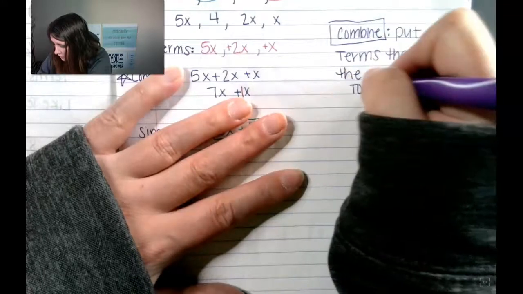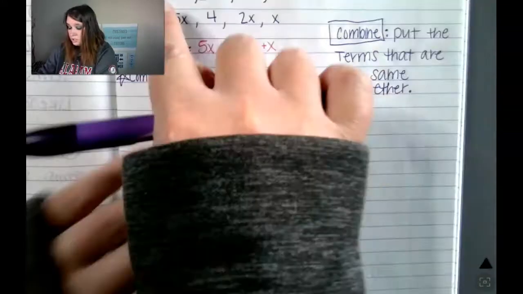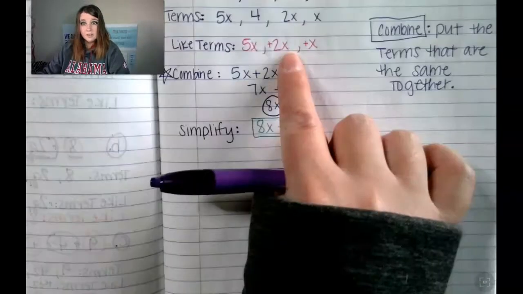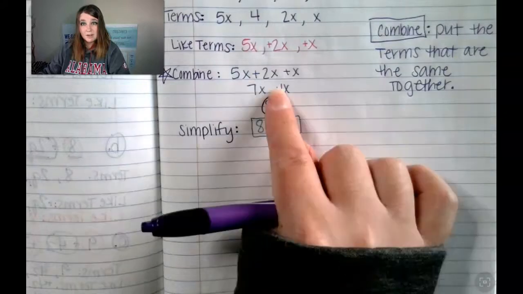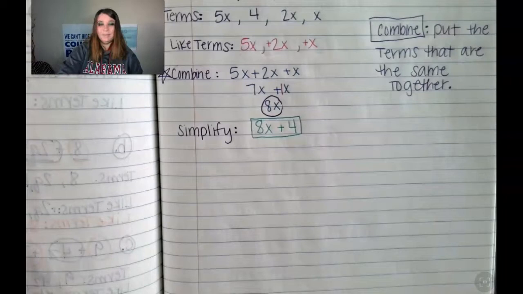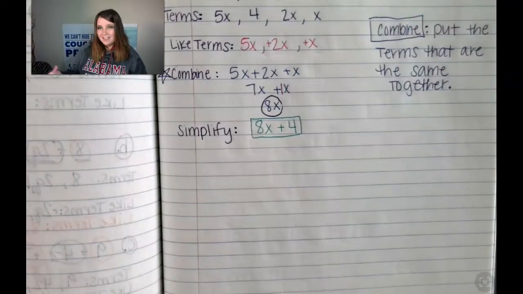Again, shop for your ingredients, organize your ingredients, put your recipe together, and bake it. So simplifying is baking it. It's what you get at the very, very end of your recipe.